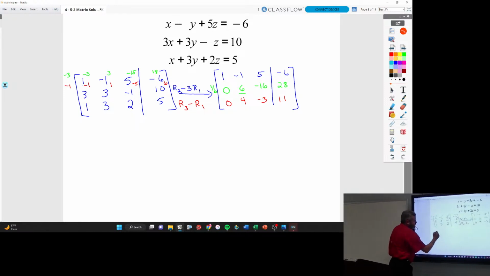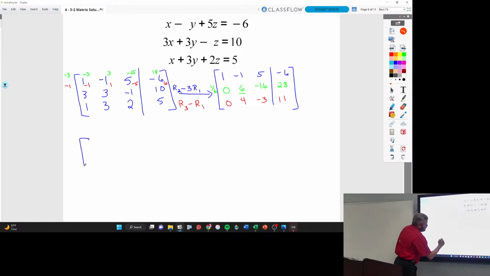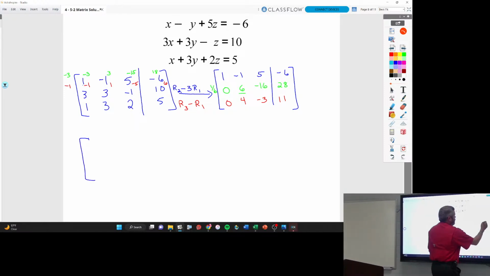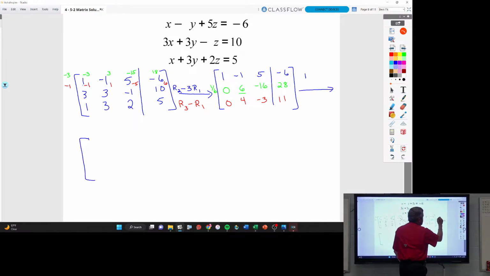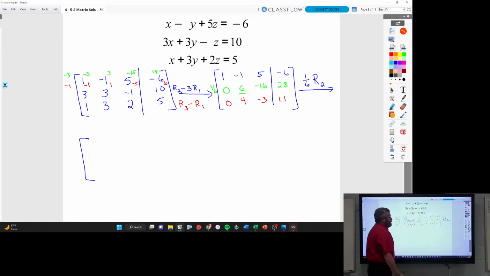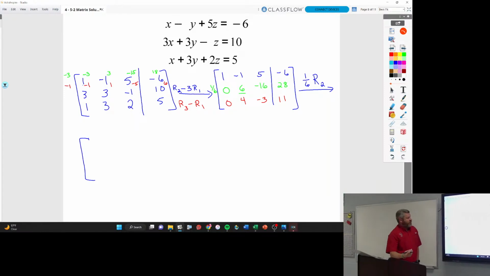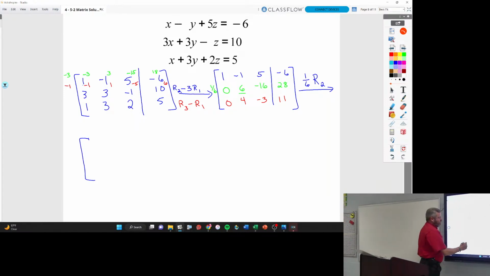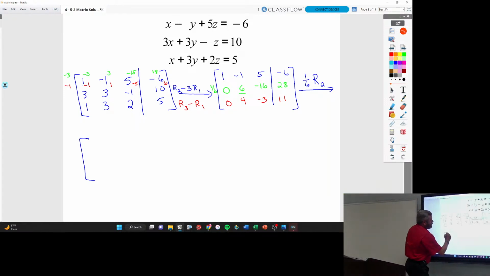So I'm going to take 1/6 of row 2. I'm not doing anything with row 1, so I'm just going to keep it: 1, negative 1, 5, negative 6.